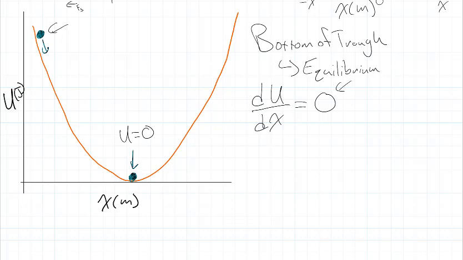Right? We can have a U versus x curve that is perfectly flat. We can have a U versus x curve that is convex, and we can still end up with some sort of flatness right at this point here.